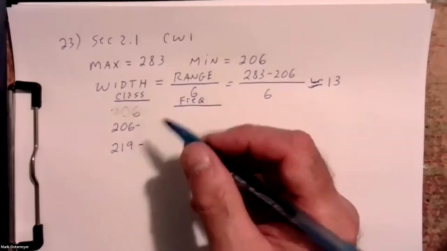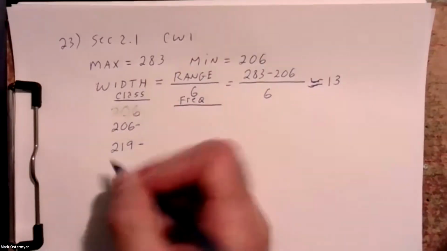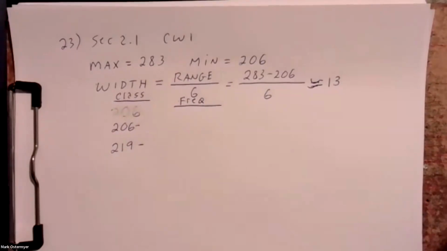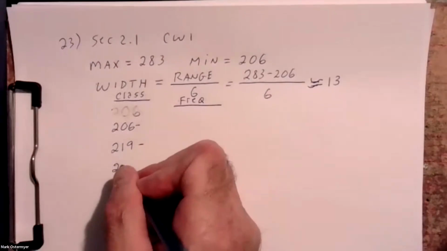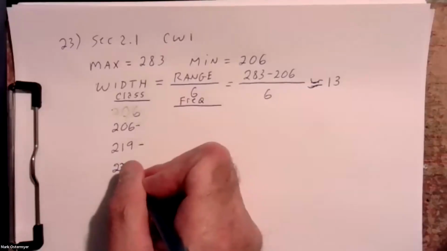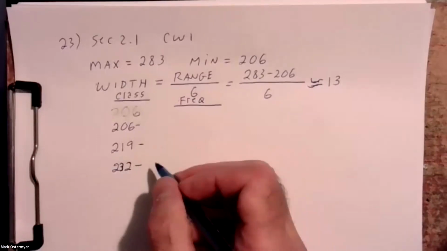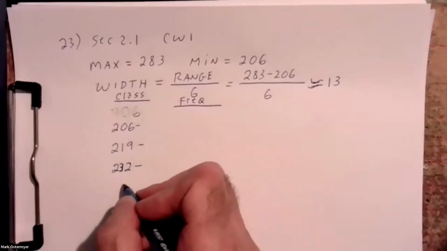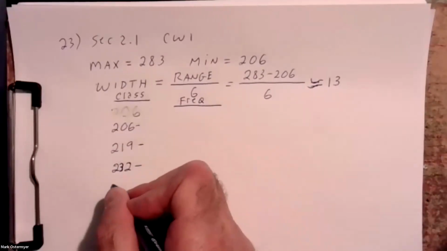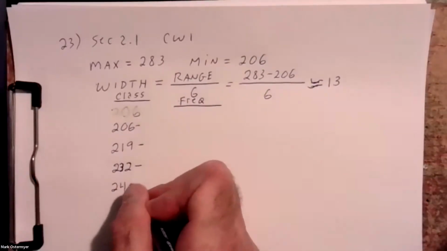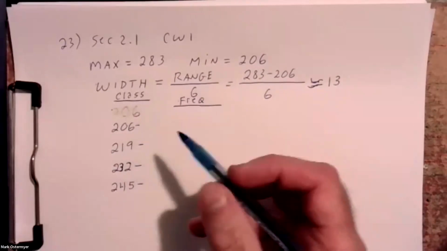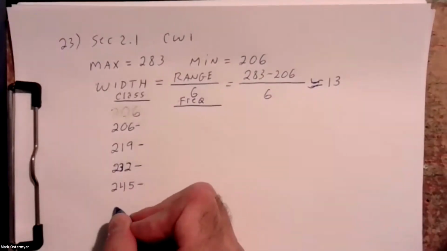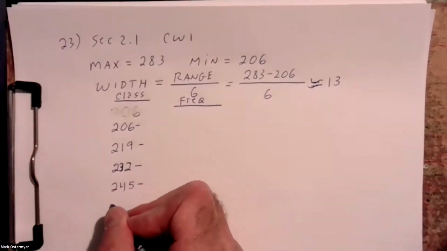So 219 plus 13 is going to give us 232, I believe. Is that correct? Yep, 232. And 232 plus 13 is going to be 245. Remember, there's 6 classes. So 1, 2, 3, 4. 245 plus 13 is going to give us 258.